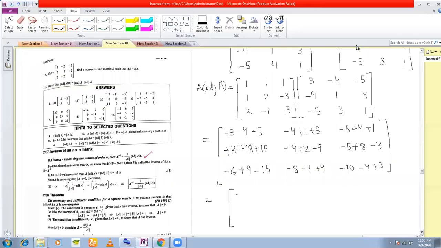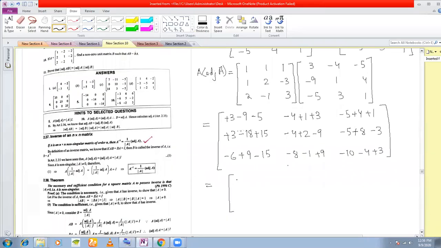After correcting the signs here, what we have is 3 minus 14, which is minus 11. And here you have 0, and here again you have 0. Here also 0.